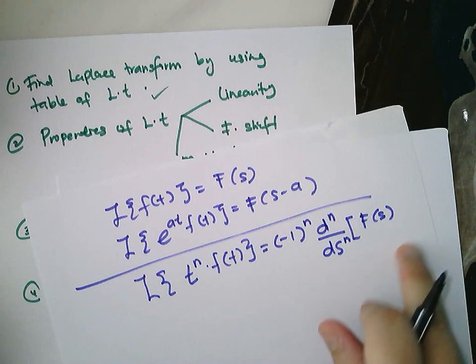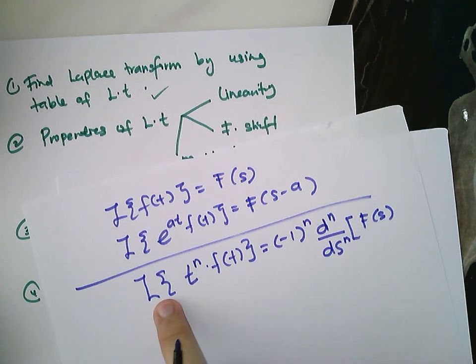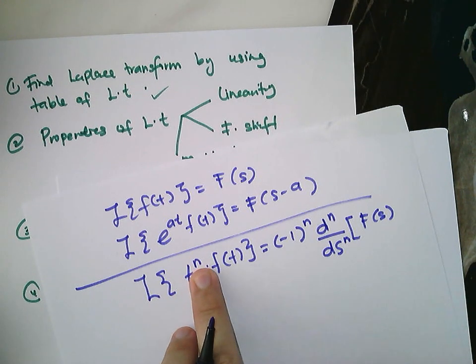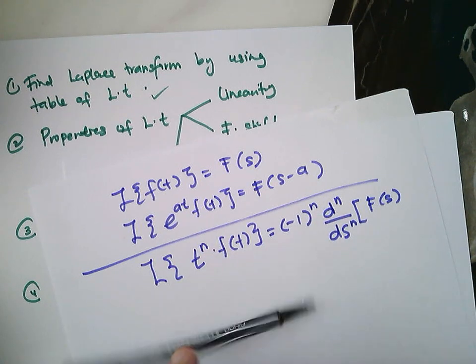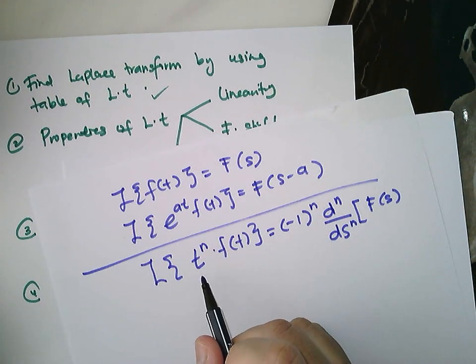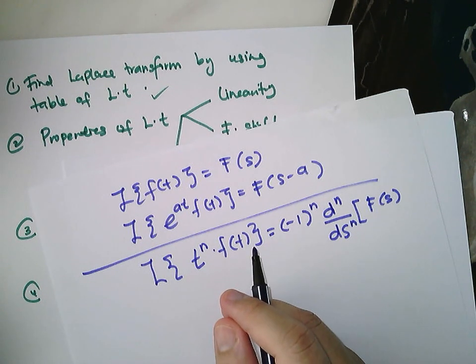So this is the formula to find the Laplace of t^n f(t). We apply this property when one of the functions is t to the power of n, and the other can be any other function.